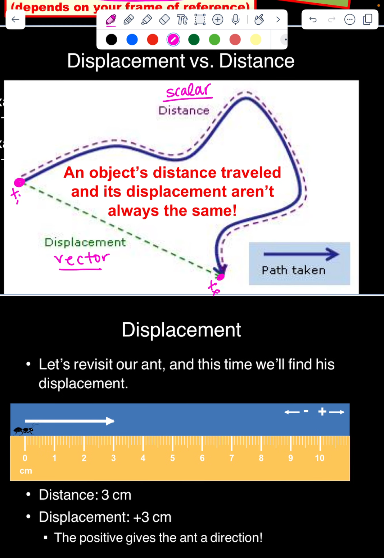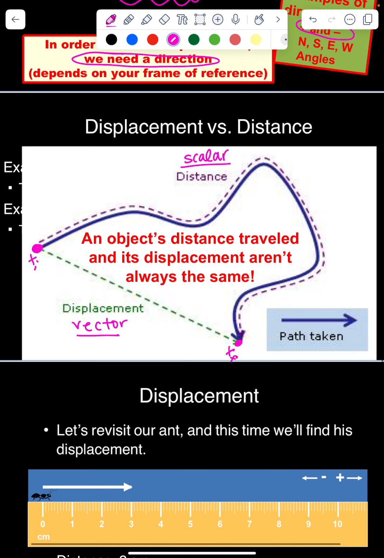All right, so if we're looking at the same exact ant that we looked at earlier, his starting position is 0. That's his initial position, and his final position is 3 centimeters to the right, which is going to be in the positive direction.